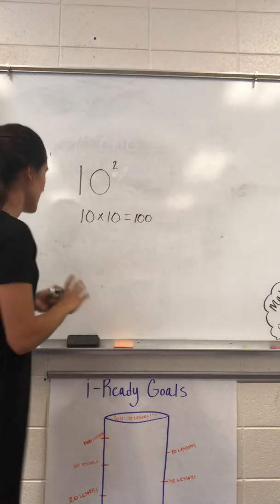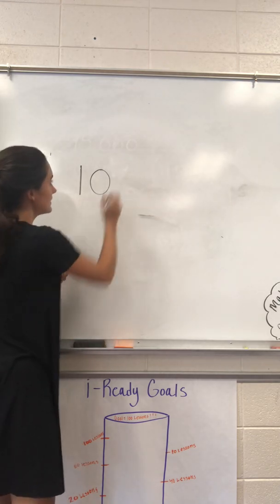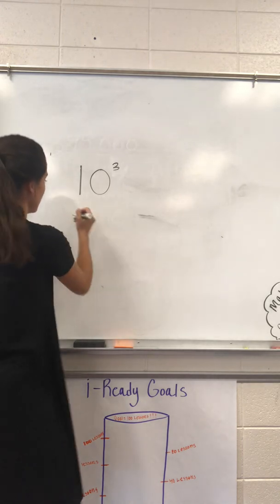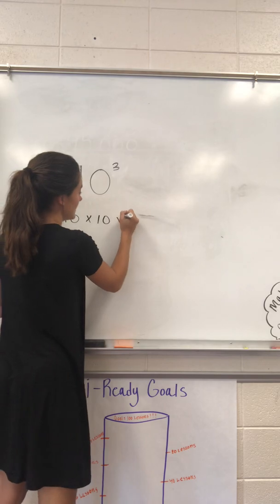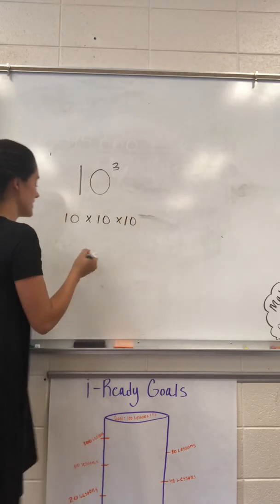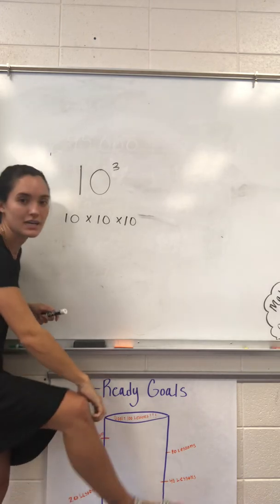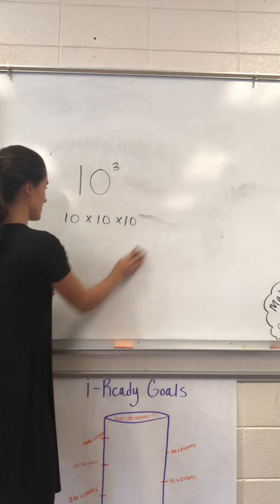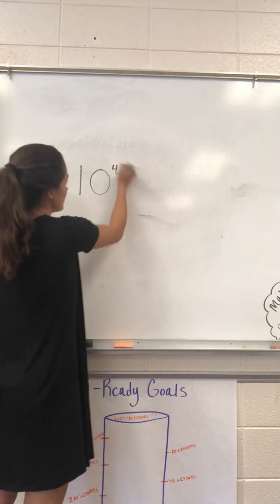Okay? If I have 10 to the third, the 3 up there, it's going to be 10 times 10 times 10. So I've multiplied it by itself 3 times, right? Okay, and I have to the 4th.